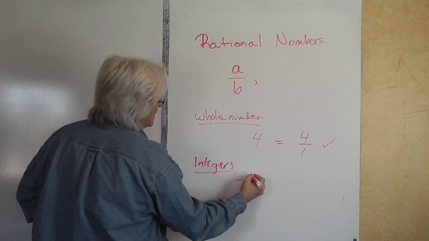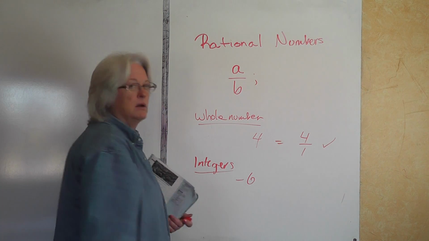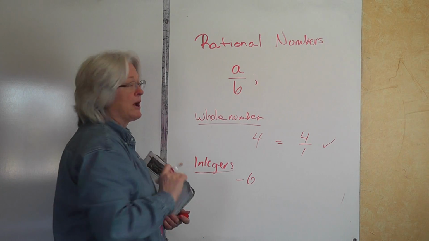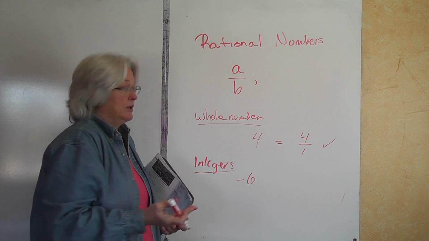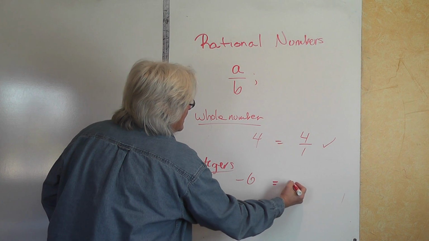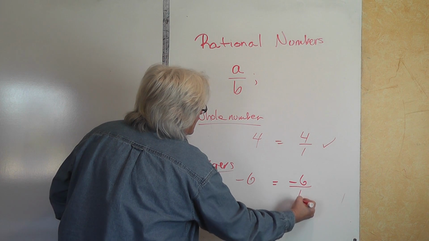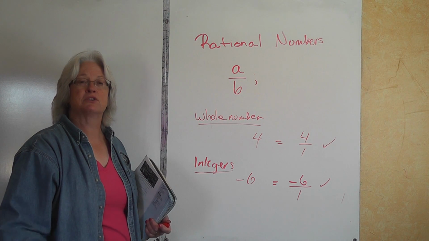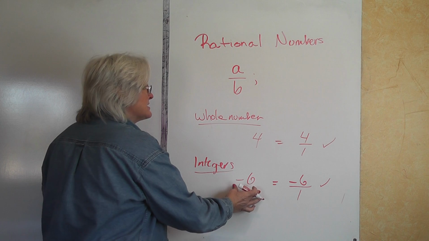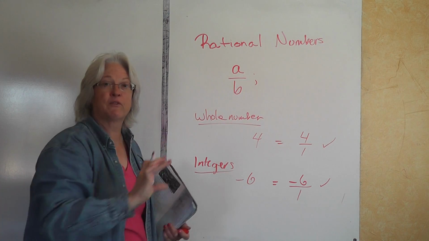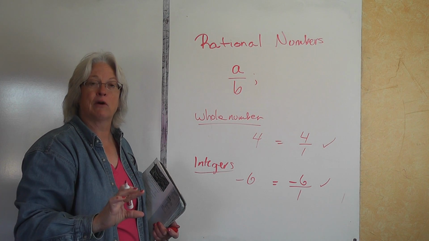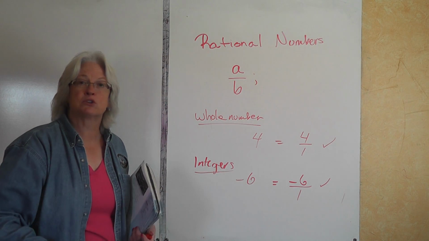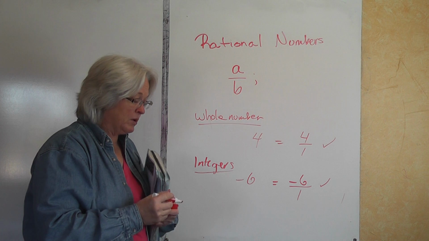But what about integers? What if we had a negative 6? Does a negative 6 look like a fraction? Not the way we typically use it, but again, you can divide anything by 1 and you don't change its value. So even though negative 6 doesn't look like a fraction to us, it's still a rational number because it's possible to write it in fractional form when you divide by 1.